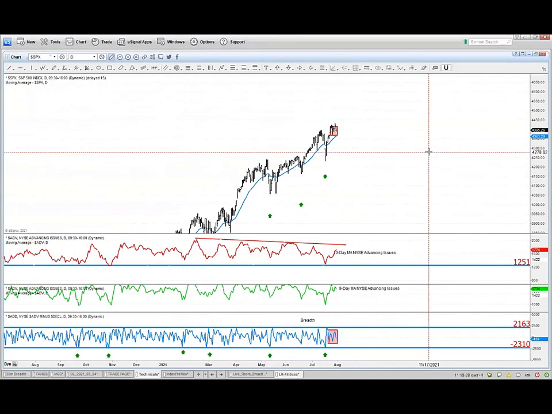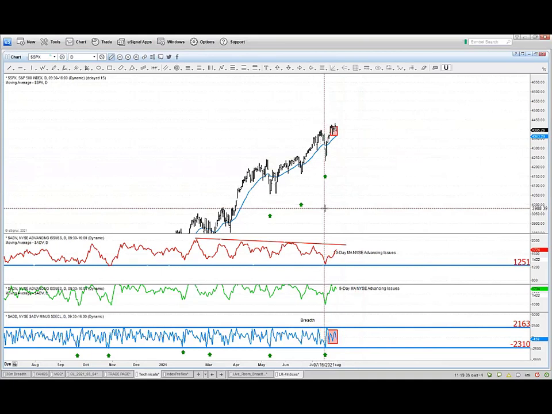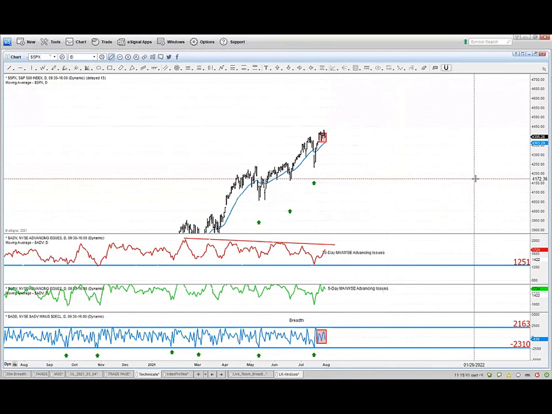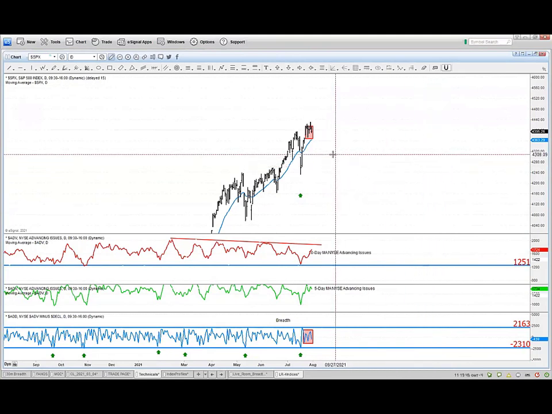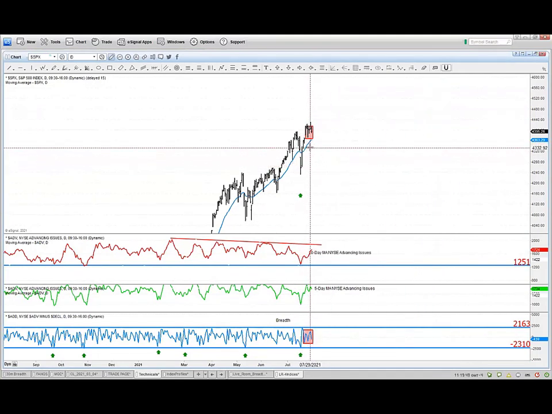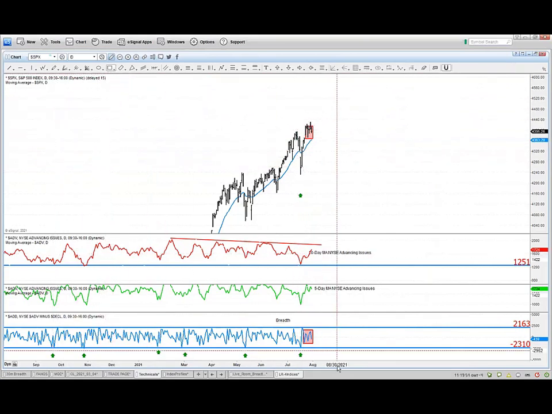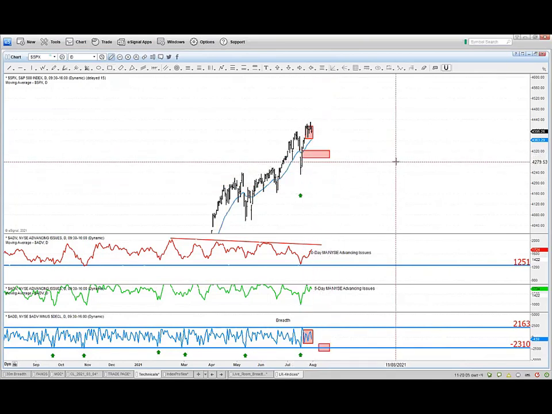So what we want to be watching for going forward is that at some point in time, we will break one of these levels, and that will be a real heads up. Now, as we head into next week, something to keep an eye on: if we do get some sort of selling into this range in here, and that selling coincides with a breadth reading of negative 2,000 or greater, then we have to be alert for at least another short-term low.